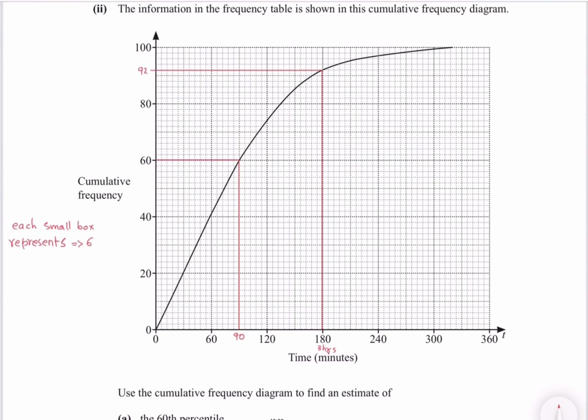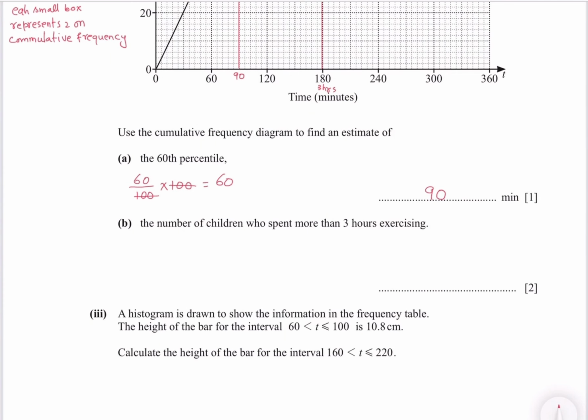It represents 92. So each small box represents 2 on the cumulative frequency graph. So 100 minus 92 is 8. So this is your answer.